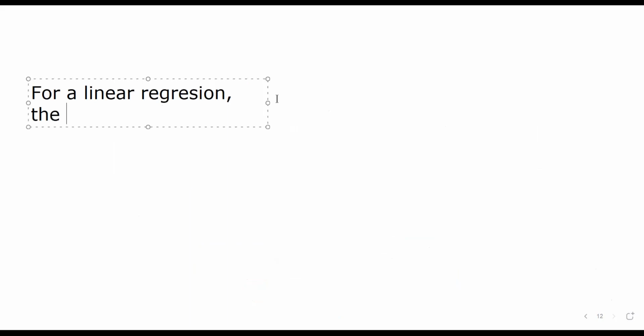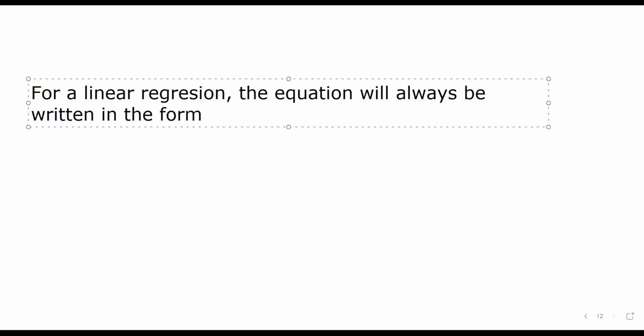Here's what I mean. For a linear regression, the equation will always be written in the form y equals a plus bx. Don't worry about the a and the b.